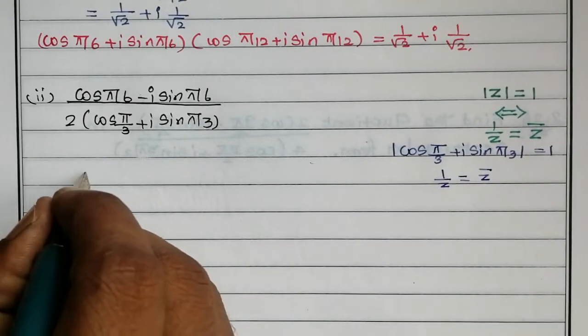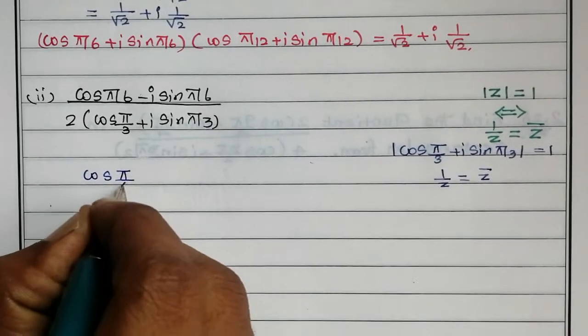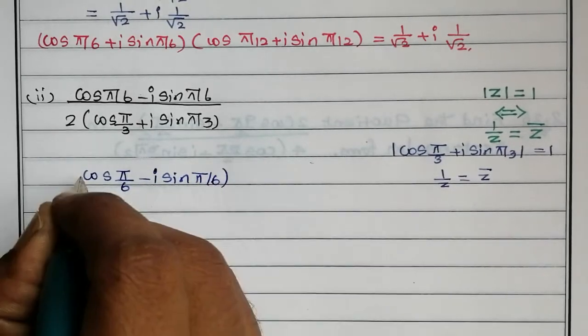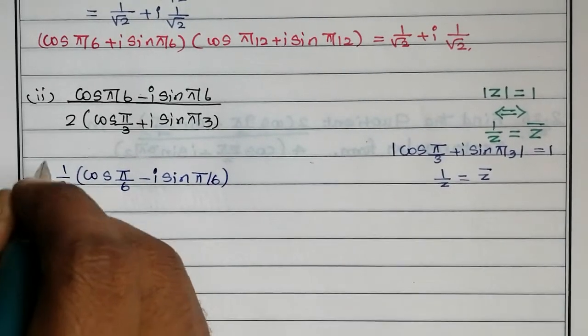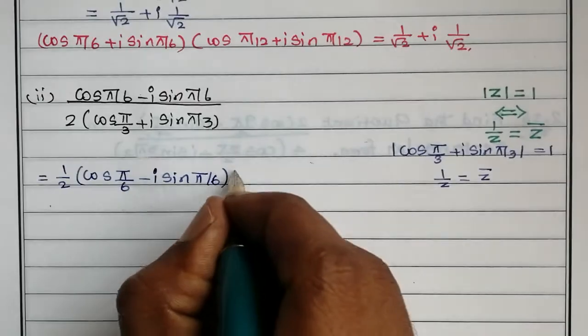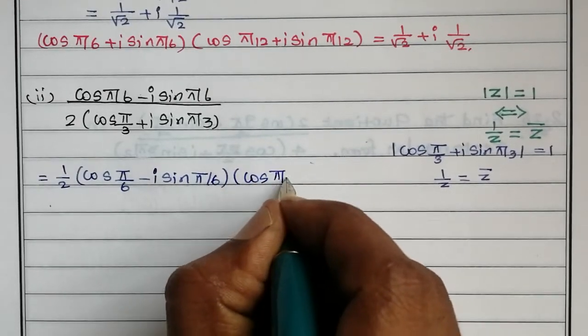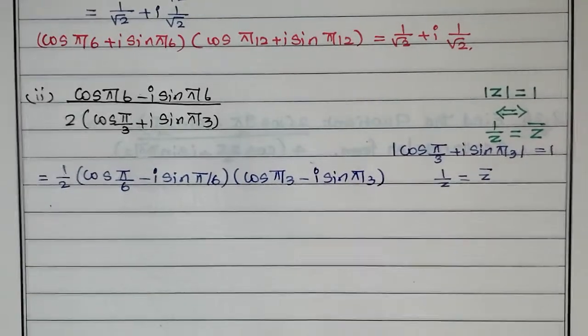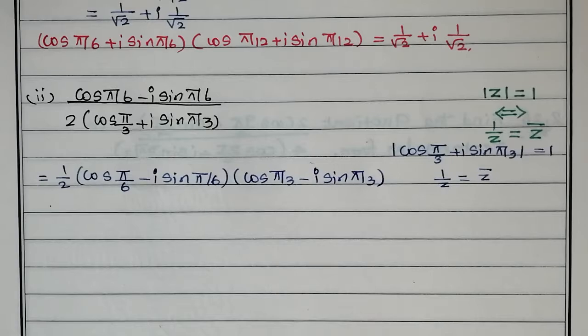So simply we can write cos pi by 6 minus I sin pi by 6, that is 1 by 2 into cos pi by 3 minus I sin pi by 3.